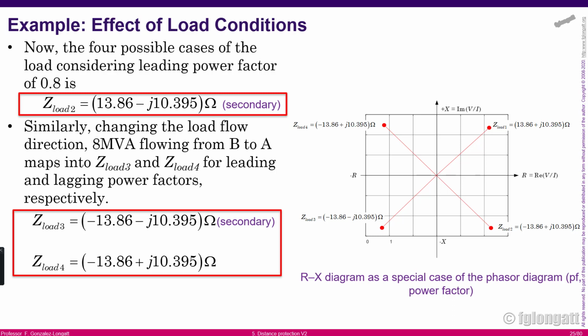And over there, as you can see, those 4 points represent the load condition for several load flow directions and for the power factor of 0.8 leading or lagging.